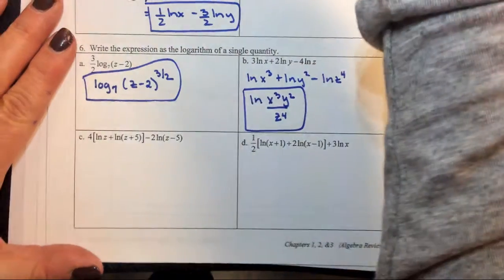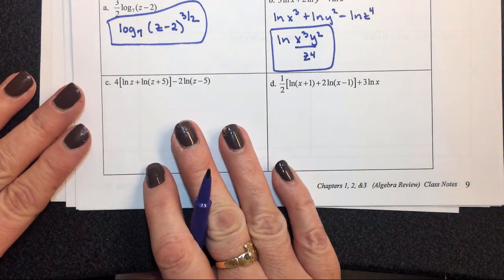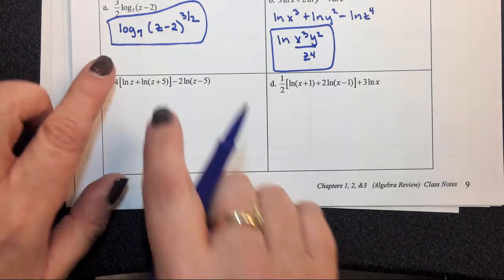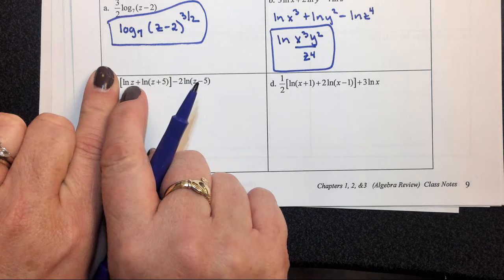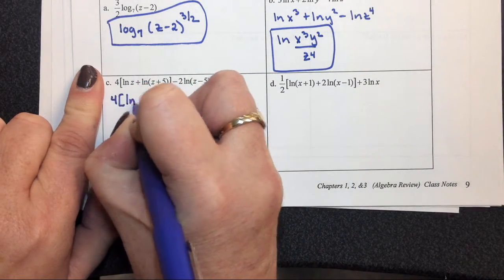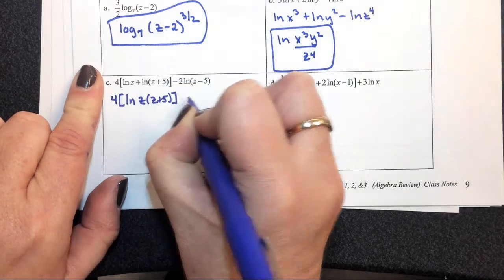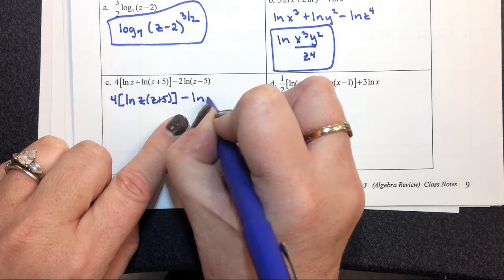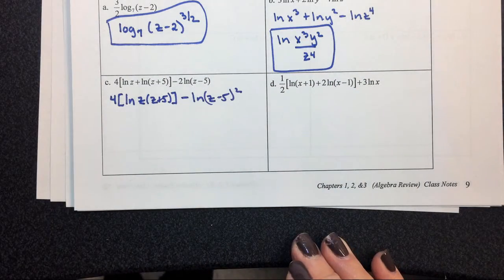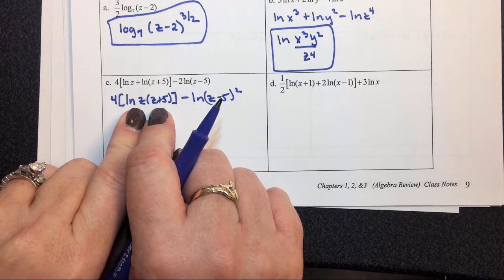If you look at letter C, again, use your order of operations. When you see parentheses, condense inside the parentheses first. So looking here, I have the natural log of z plus natural log of z to the fifth. I can bring those together through multiplication. And I'm just going to go ahead and move that to the power of z minus 5. So I've condensed inside of my parentheses.